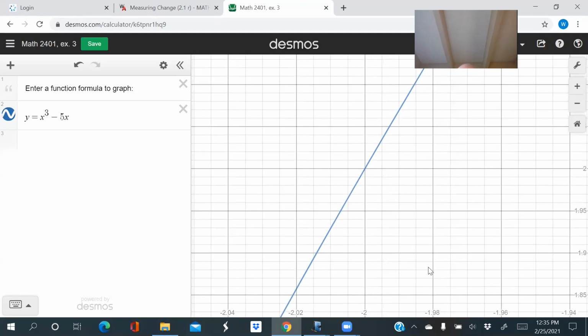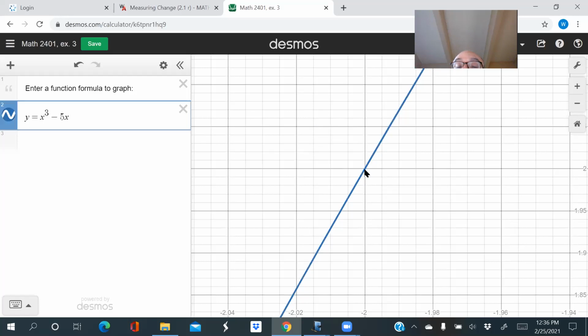So there I think the curve looks like a line now, right? So I think we're looking essentially at the tangent line. And now all we have to do is pick 2 points off of the tangent line, and then find the slope between those 2 points. And that will be what we're going to call the instantaneous rate of change at the input -2.